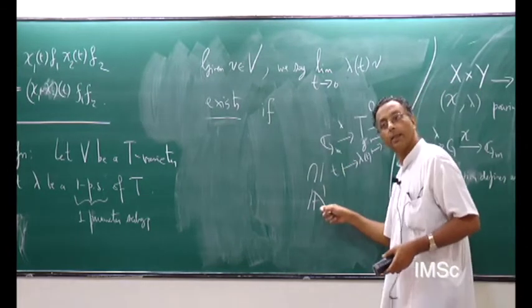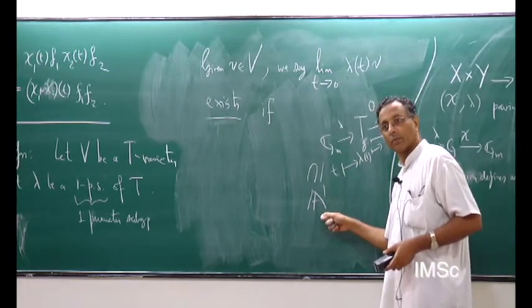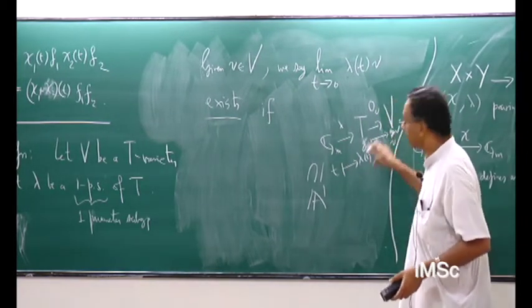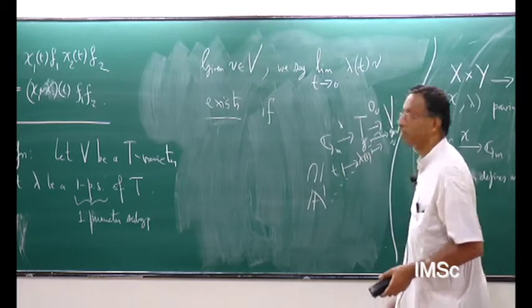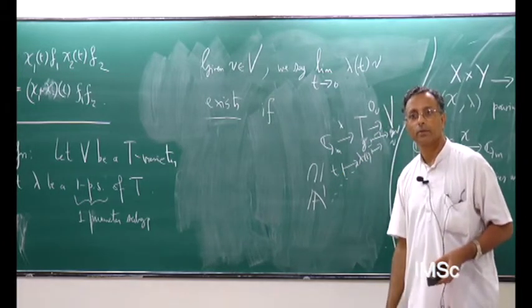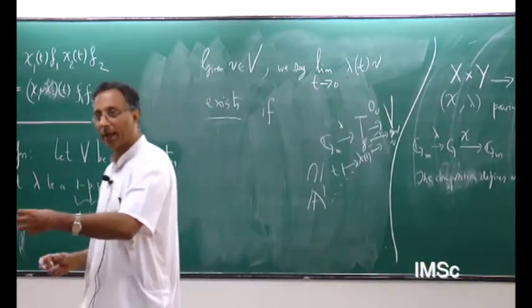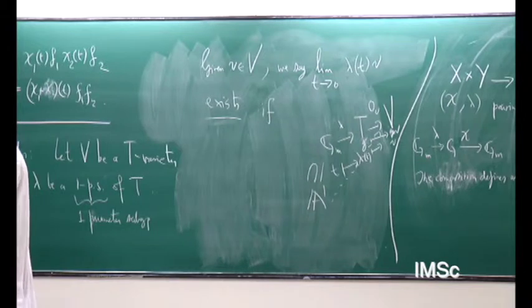This is K star and this is K. If this map is the restriction of a map, if I have a map from a subspace, subvariety, or more generally subset, naturally sitting in a bigger set, I say the limit exists when the map on that subset is actually the restriction of an honest map from the bigger one.